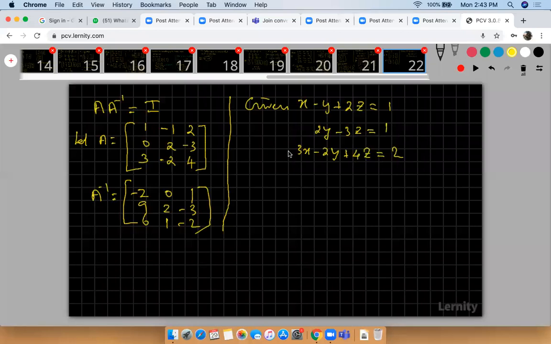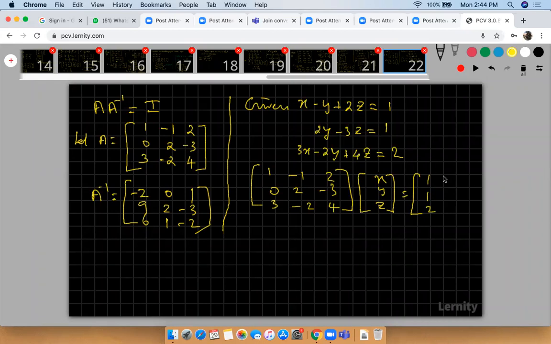Write it in matrix form. The matrix form is 1, minus 1, 2; 0, 2, minus 3; 3, minus 2, 4. This is the unknown matrix x, y, z, and the right hand side is 1, 1, 2.